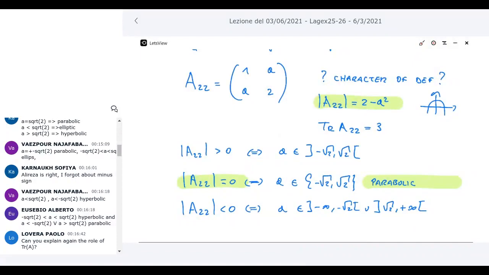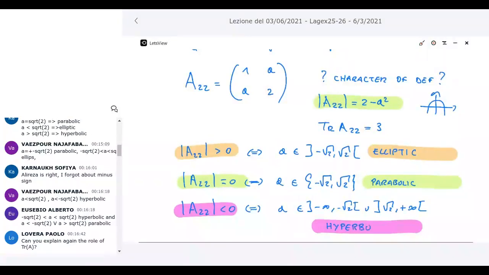While the greater than 0 part means eigenvalues of the same sign, so it means elliptic. While the negative part, which we see here, means eigenvalues of opposite signs, so it means hyperbolic. Okay, so these are the 3 situations we have.